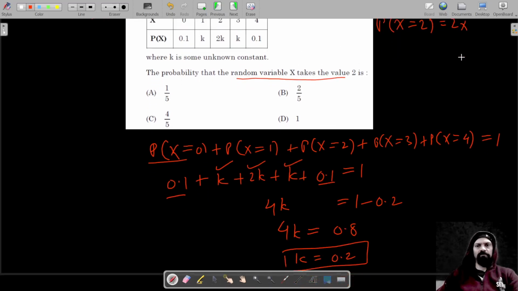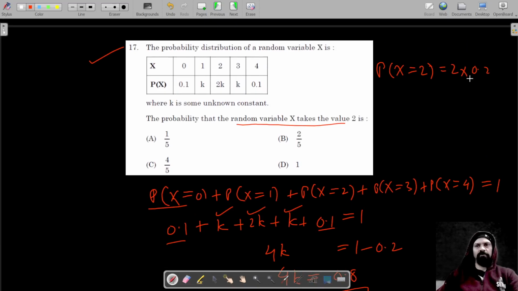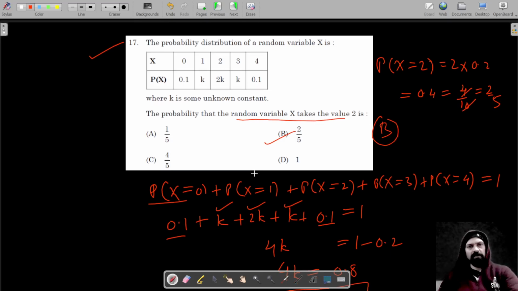So this is 2 into the value of k, 0.2, which is equal to 0.4. Now 0.4 can be written as 4 by 10, which is equal to 2 by 5. So B is the correct option for question number 17.